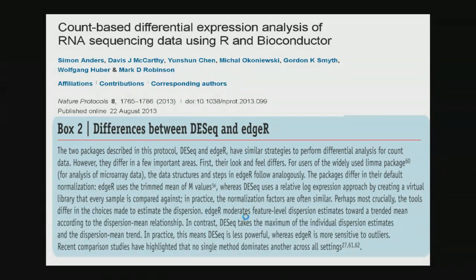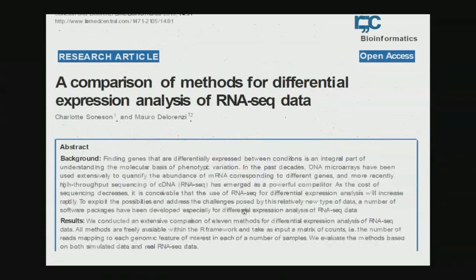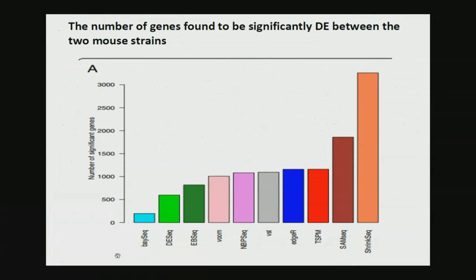So let's look at this paper. This is a comparison of methods for differential expression analysis of RNA-seq data. This paper looks at all these different software packages that could perform differential expression analysis. And this figure shows the number of genes found to be significantly differentially expressed between the two mouse strains. So we expect there are some differences between them, right?